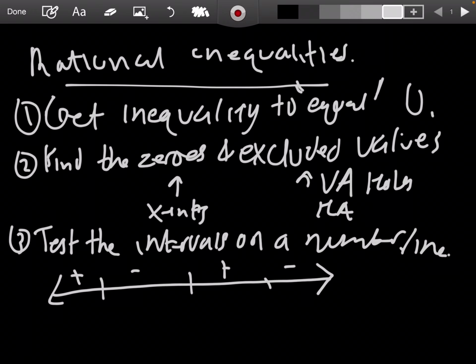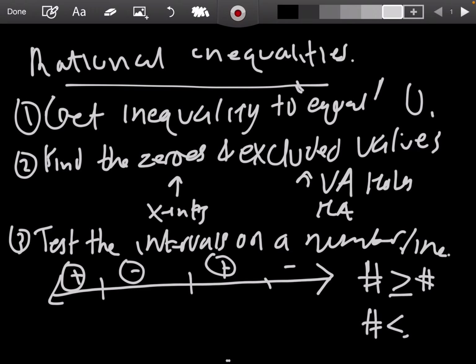And whatever the question is really asking, it depends on if you want a negative or you'd want a positive. So if you have an inequality that has a greater than or equal to sign, that means you'd want whatever is positive. And if you had something that was less than or equal to, then you'd want something that's negative.